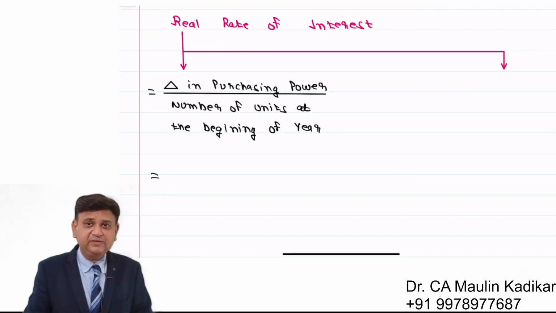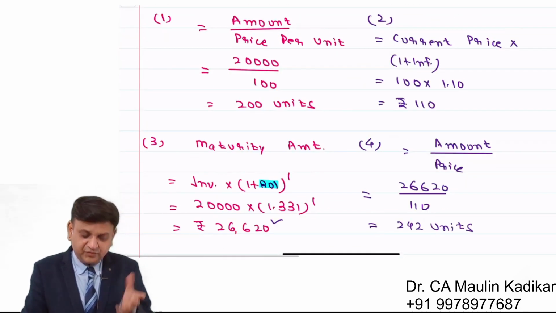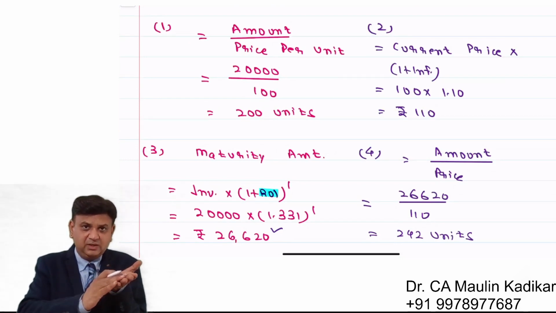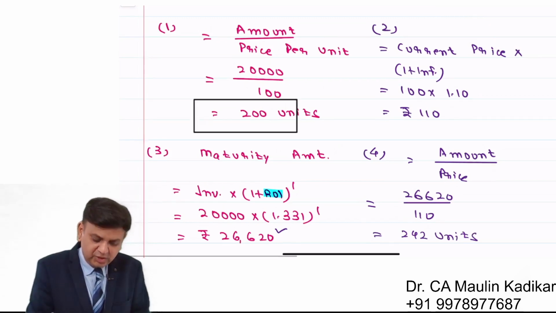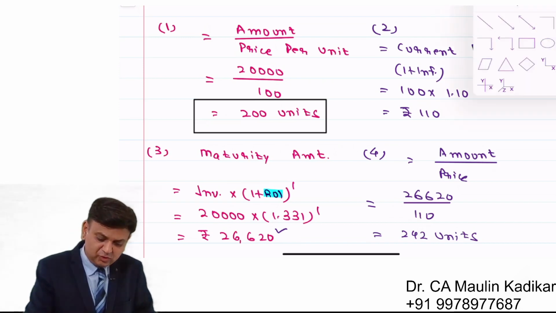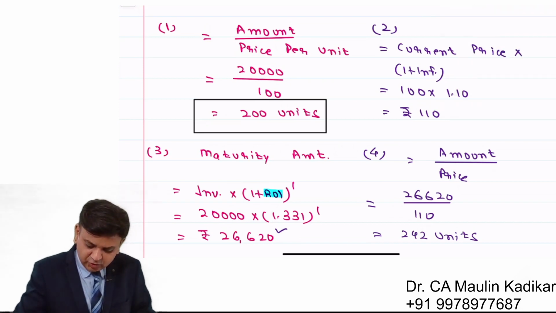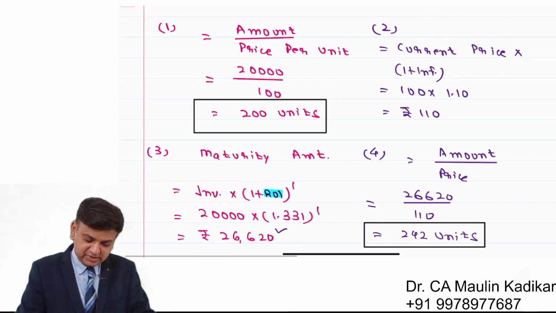So what do we understand? We understand something like this. The funds that you had at the beginning of the year, with that you were able to purchase 200 units. You made investment of the funds and with that you would be able to purchase 242 units. So you are able to purchase more number of units.